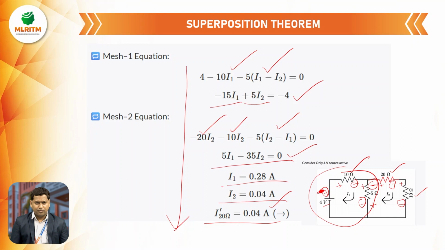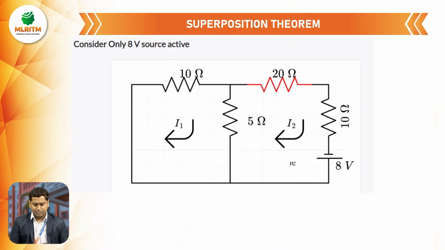Next, the first source is activated and the second is deactivated. Now I am going for the second source activated and the first source deactivated. So next I am considering the 8 volt source as active. When 8 volts is active, what about 4 volt?